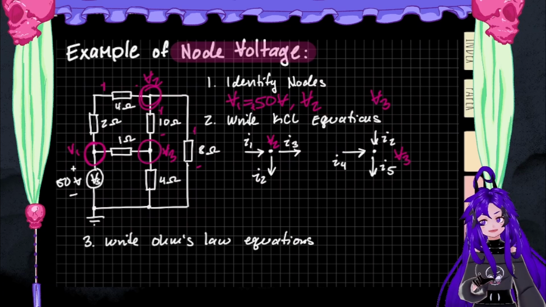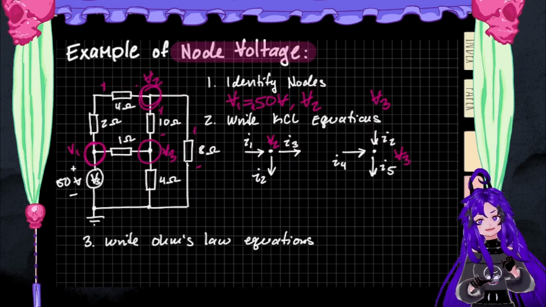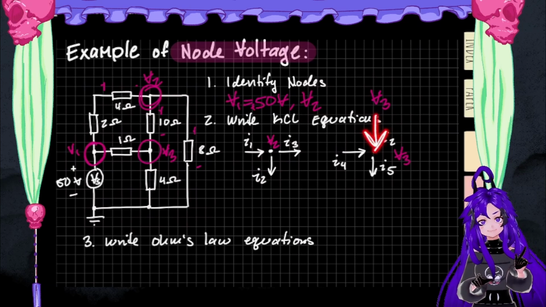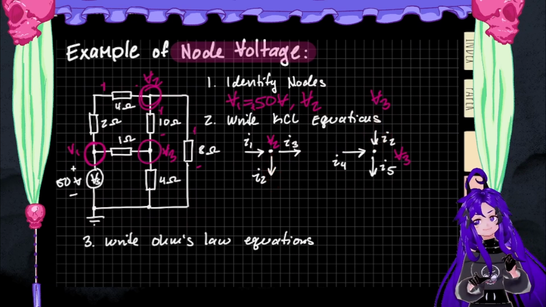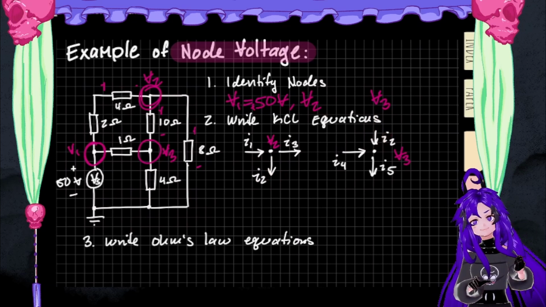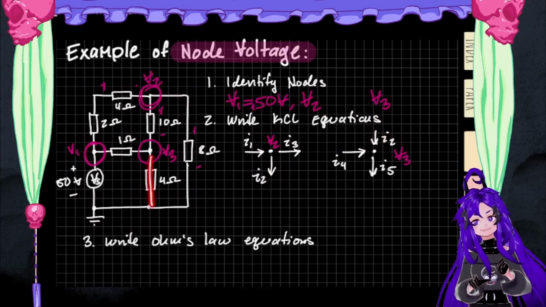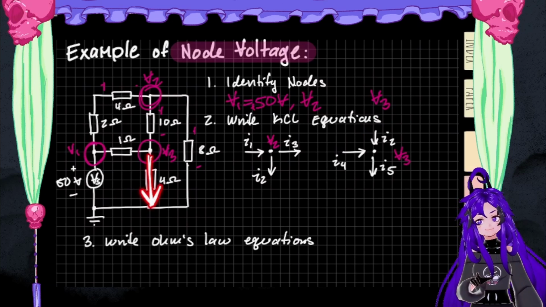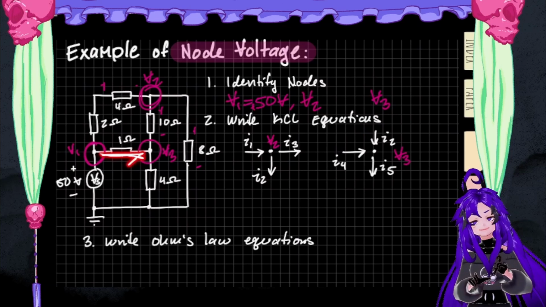It's just where we care about it has changed. So we're going to keep I2 going. This time it's going to be into the node because it's coming out of the V2 node. So we also have a 4 ohm leaving the node, and we have a 1 ohm entering the node.